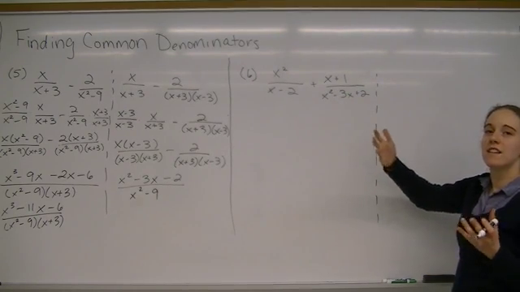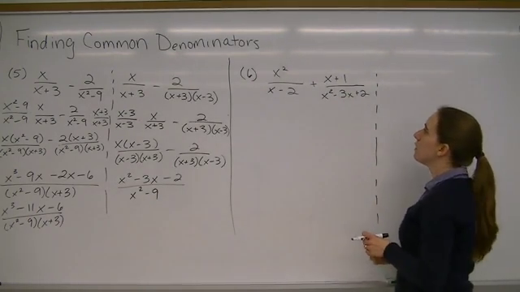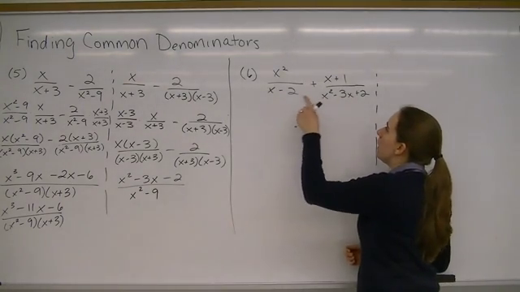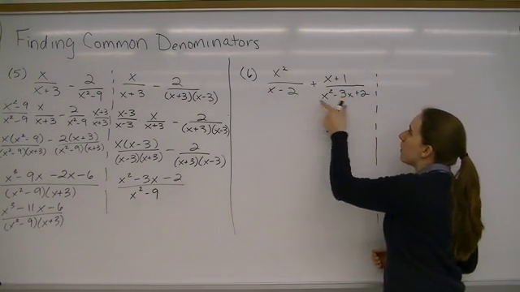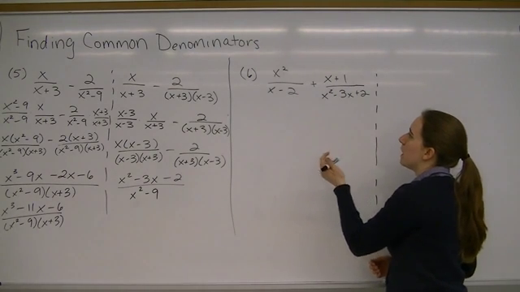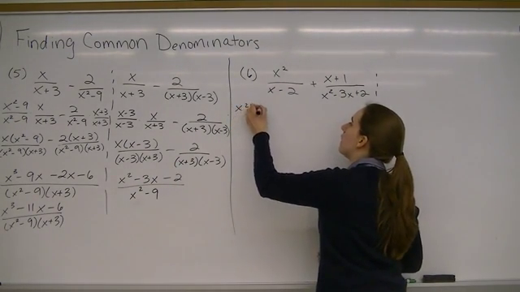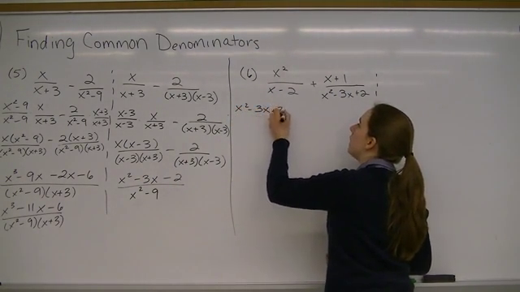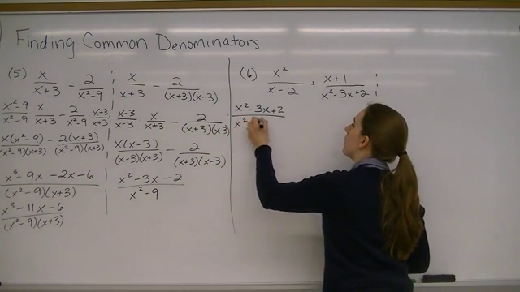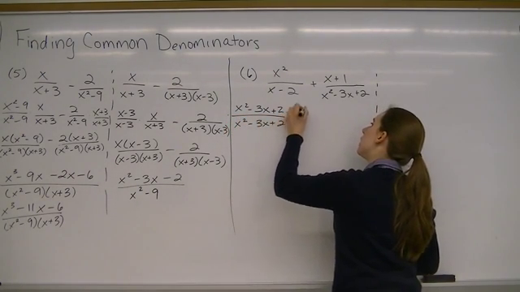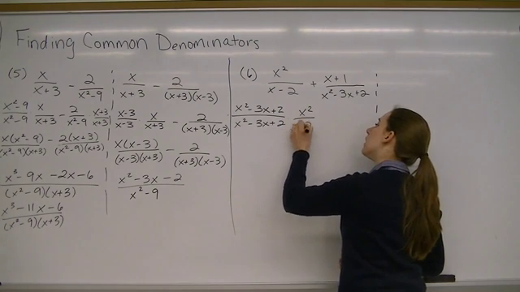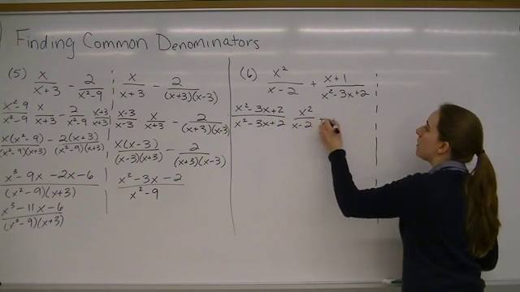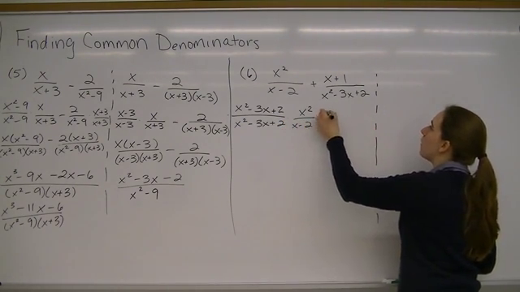It's going to get a little bit long to multiply out, but we can do it. So I need to multiply both denominators to get my common denominator. So the first fraction I need to multiply by my quadratic denominator. The second fraction I'm going to need to multiply by the x minus 2.